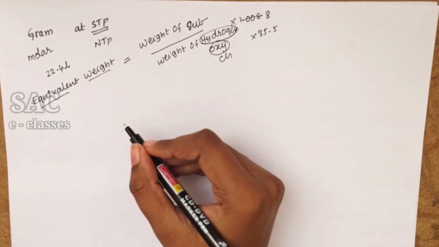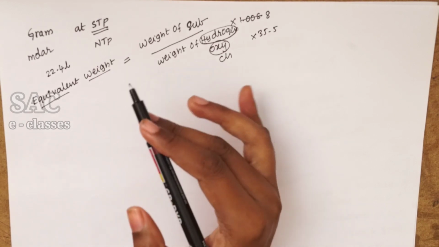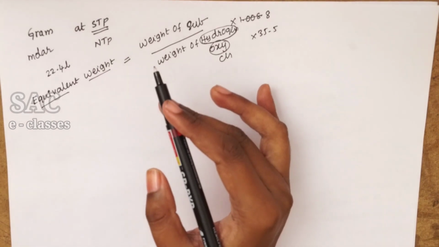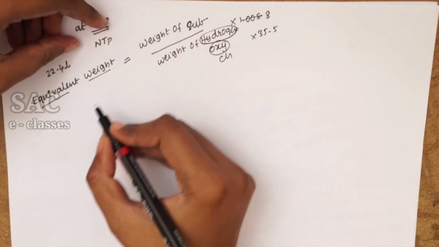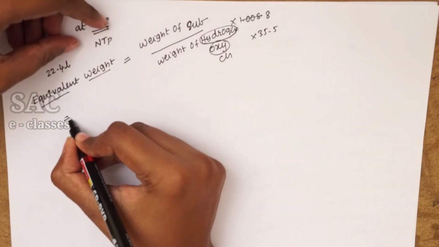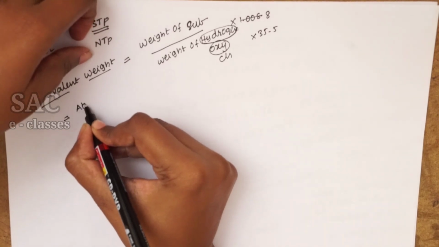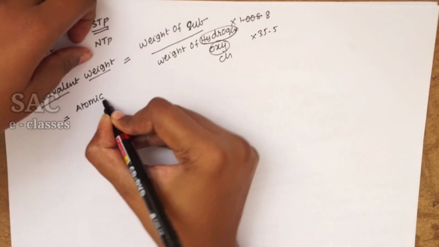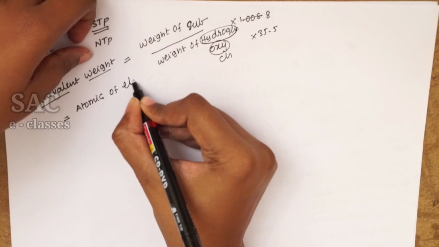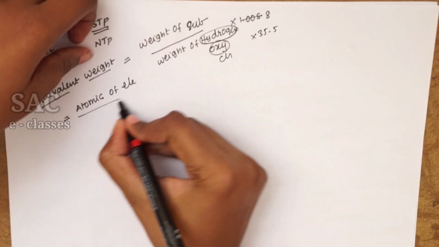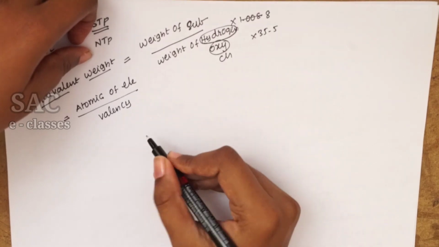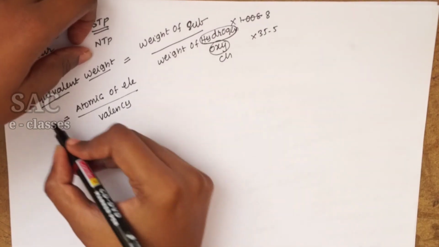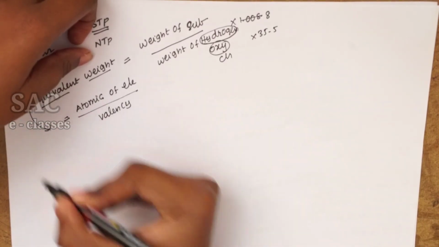Simply, in any chemical reaction, how much weight is participating, we call equivalent weight. Equivalent weight can be calculated very simply using the atomic weight of that particular element by valency of that element.